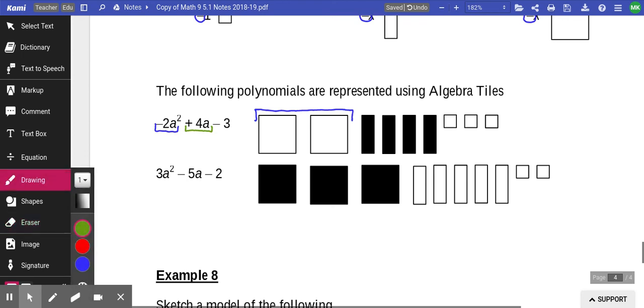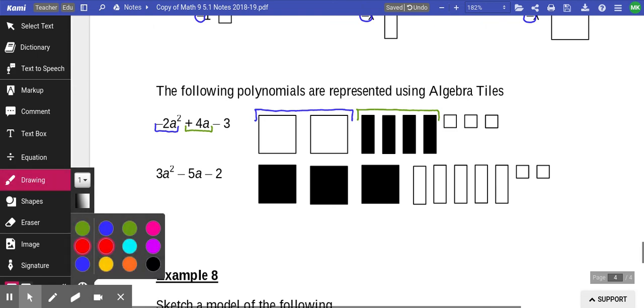If I look, there's my 4 long, skinny blocks. My last thing I have is a -3. So that should be 3 of the little blocks, all negative. That's what I have right here. Now, actually, we'll do the next one and then I'll explain this.